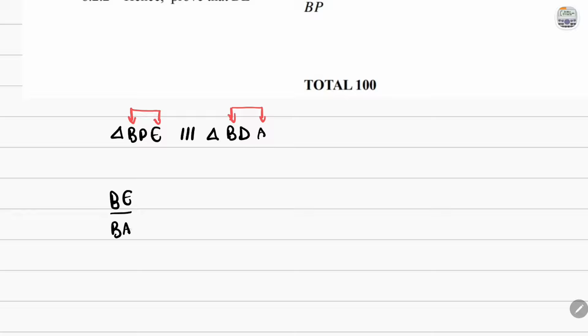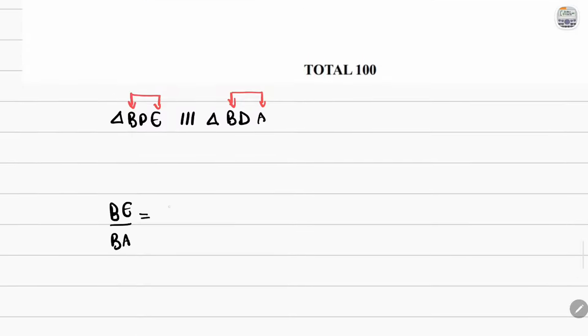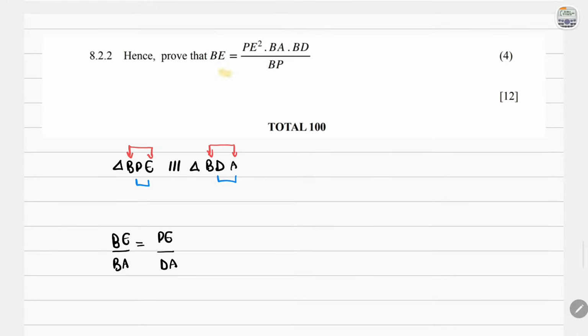So BE over BA, and then I'll compare it with what we have here. And we have PE. So where's PE? I have to take PE with DA. So PE over DA. That's usually the case, but let's see what we have here.